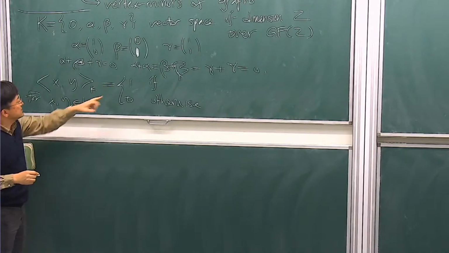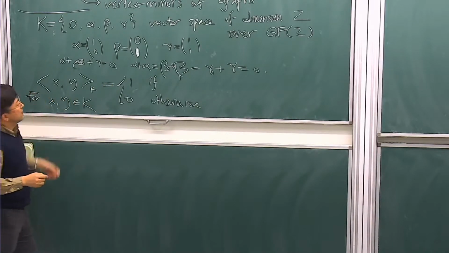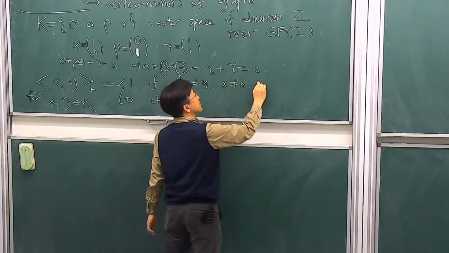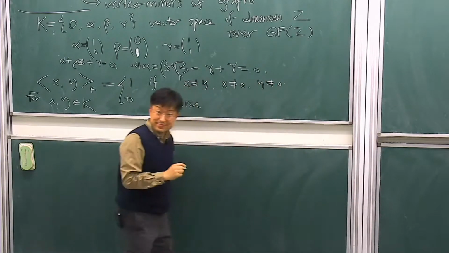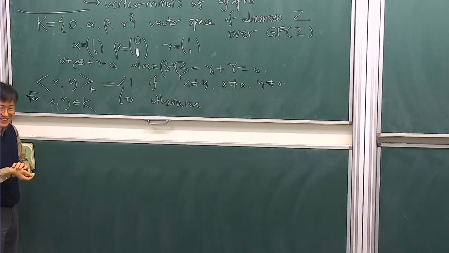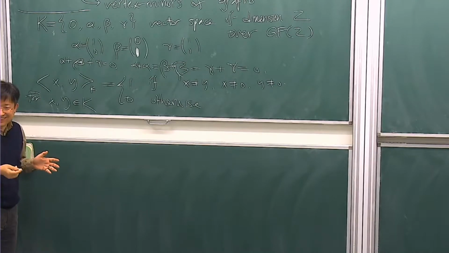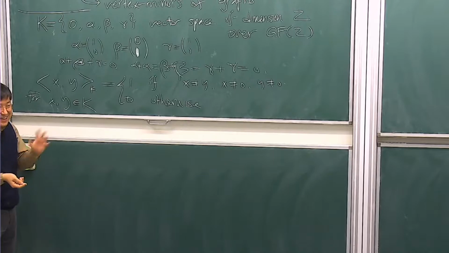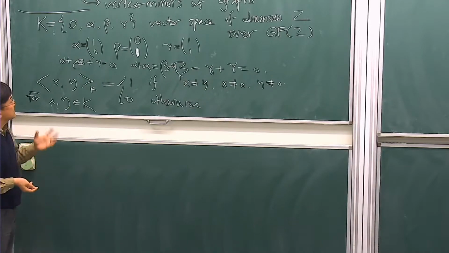So we say it's 1 if x is different from y and both are non-zero. And you may want to check whether this is really a bilinear form, whether this really is an inner product satisfying all the linearities. And indeed, it is the case.